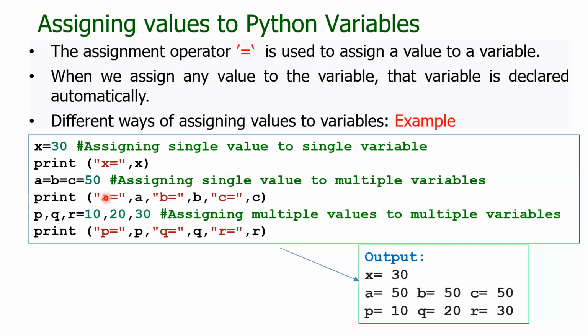So instead of using 3 assignment statements, we are able to assign one single value to all the 3 variables using one assignment statement. Similarly, the third assignment statement where p, q and r are assigned the values 10, 20 and 30.